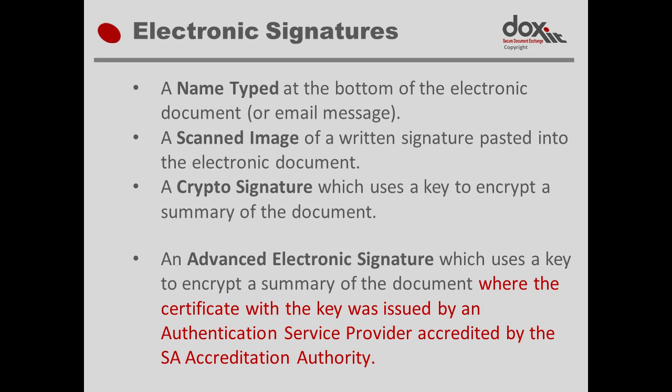This last option is what the ECT Act calls an advanced electronic signature. It should be clear that an advanced electronic signature is much more secure and certain than a signature made by using any of the other options.